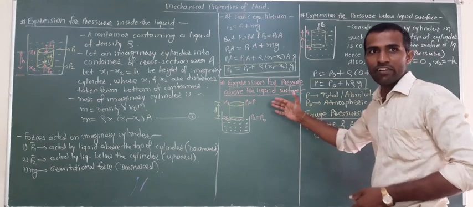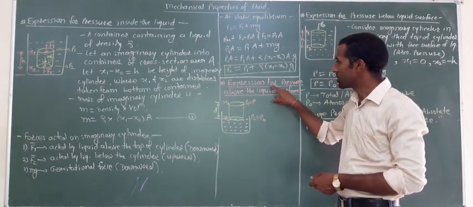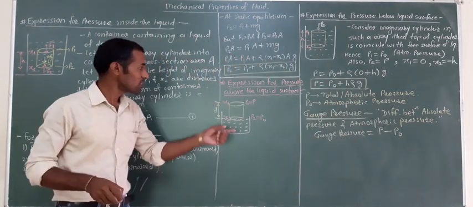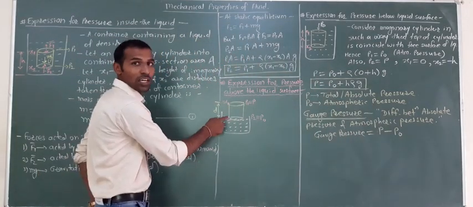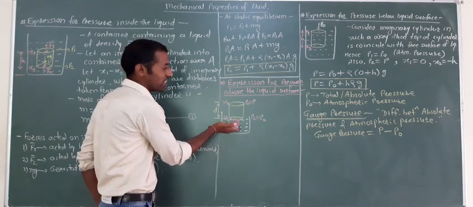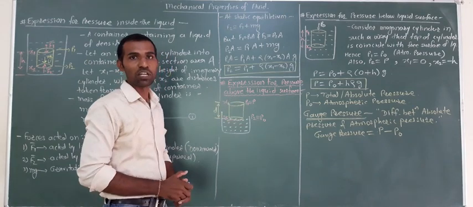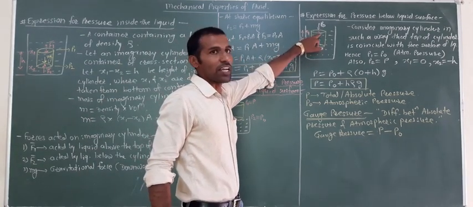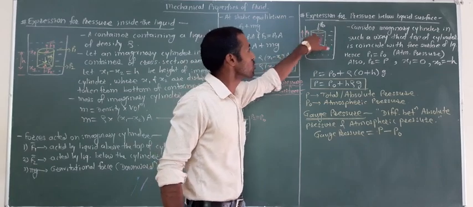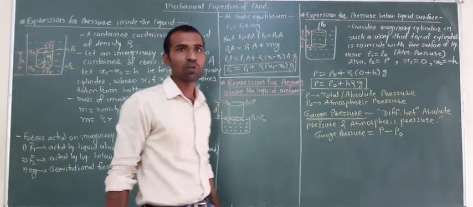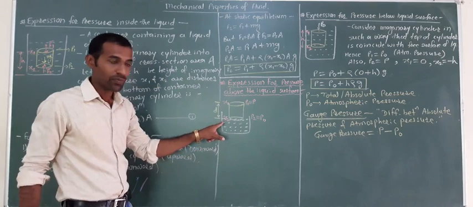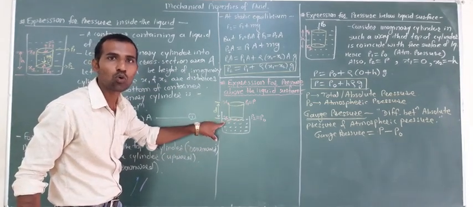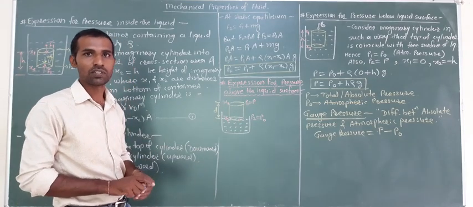And now finally we are calculating pressure above the liquid surface. To calculate pressure above the liquid surface, we take the imaginary cylinder above the free surface of liquid. In the second case, the top surface of the cylinder coincided with the free surface of liquid, and in the last case we are taking the bottom of the imaginary cylinder to coincide with the liquid surface.